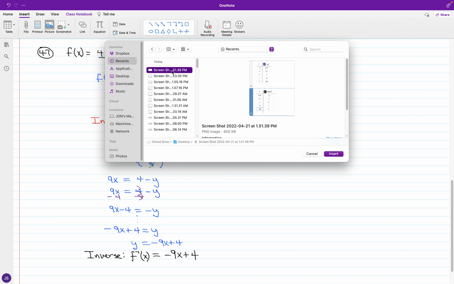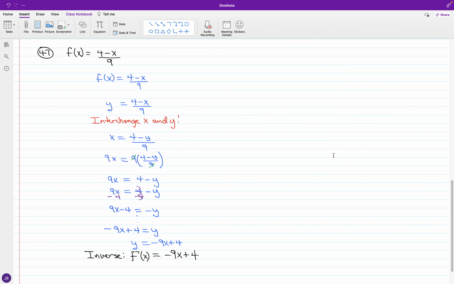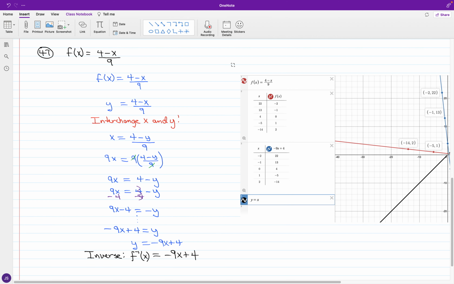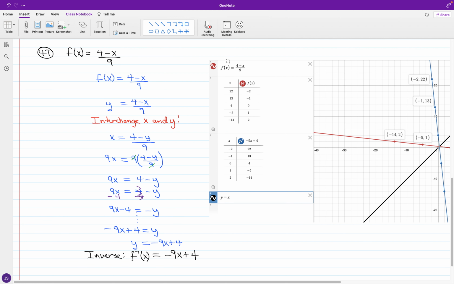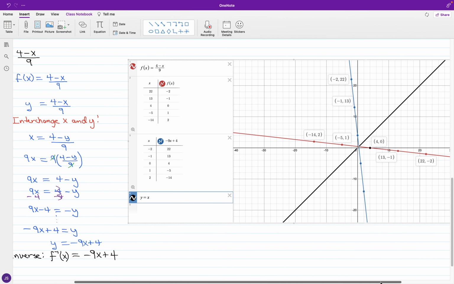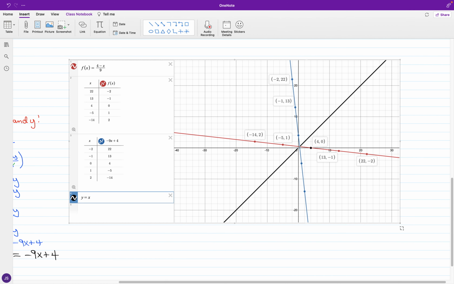And just looking at what we have in this case, for f of x, y is equal to 4 minus x over 9, and for the inverse, y is equal to negative 9x plus 4.